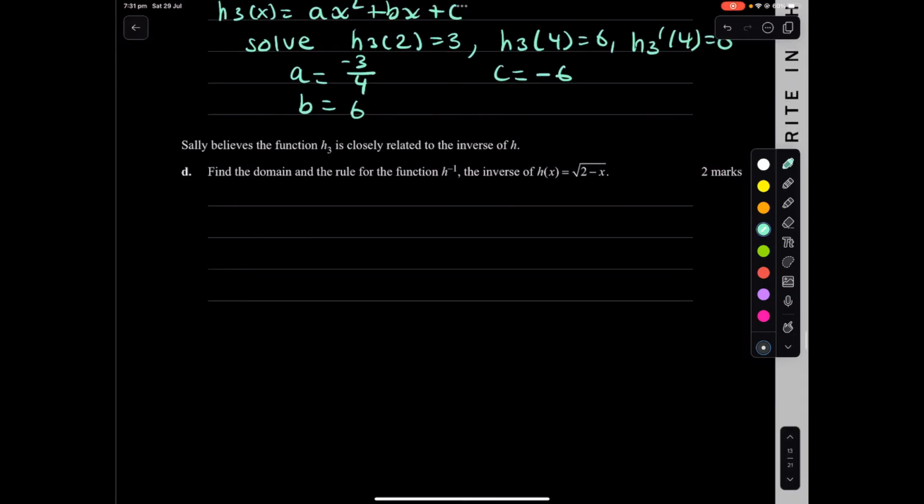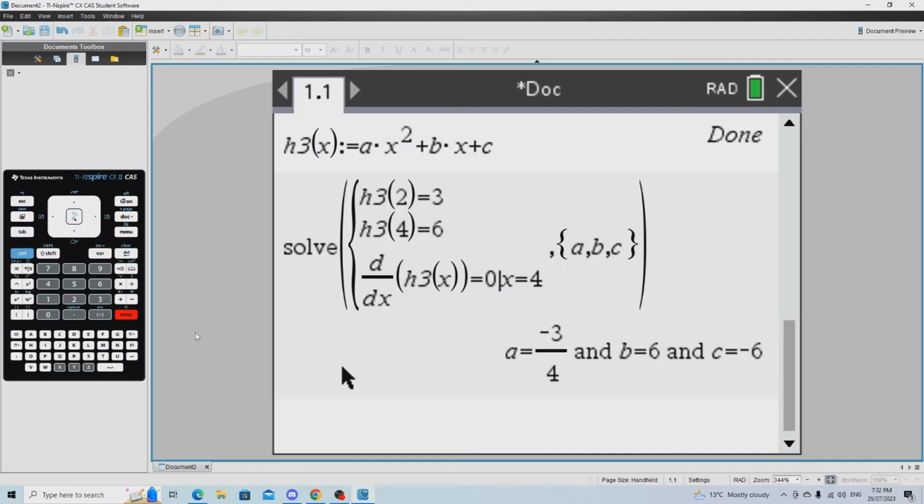Okay, so for the rule of the inverse, it's only 2 marks, so I only have to give the domain, and what I can do is, we can all do these by calculator.